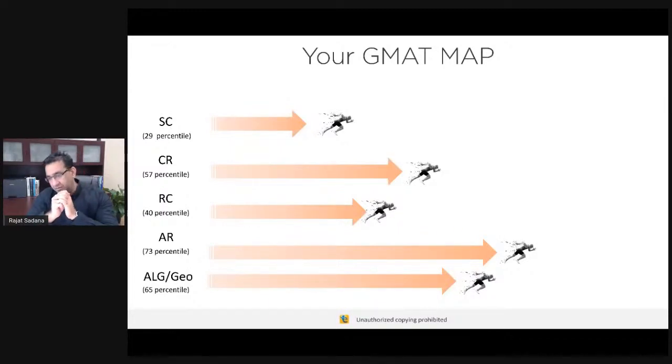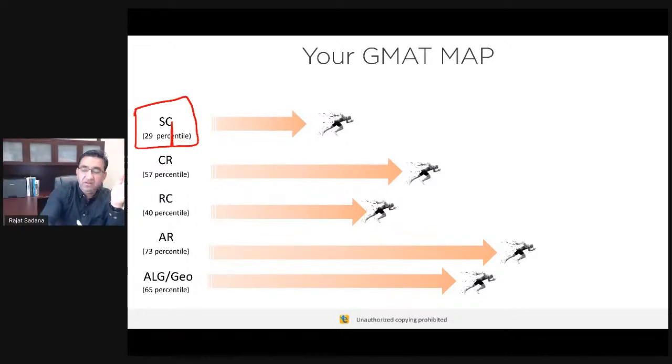Type in yes if you know, type in no if you don't know that. How many of you know that this is where I am in each of these subsections? And again, you may not know it to this precise degree, you may have a reasonable enough idea.